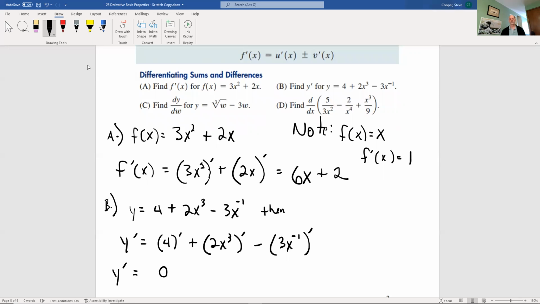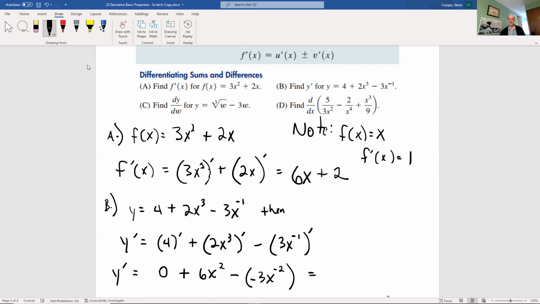Derivative here is going to be 6x squared, and minus, and then the derivative here is going to become negative 3x to the negative 2. I brought this negative 1 out in front and multiplied by the negative 3, subtracted 1 from the exponent, but I'm subtracting the result.